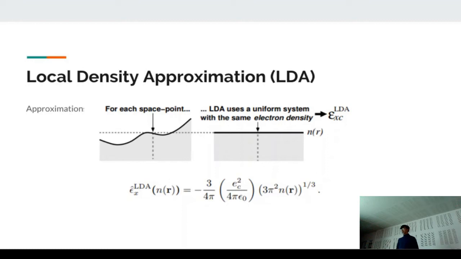In real life, solid states have an inhomogeneous electron density. So LDA assumes basically a uniform density here, and after a long derivation, we have the final results here, and finally we consider the electron density as a function of R.